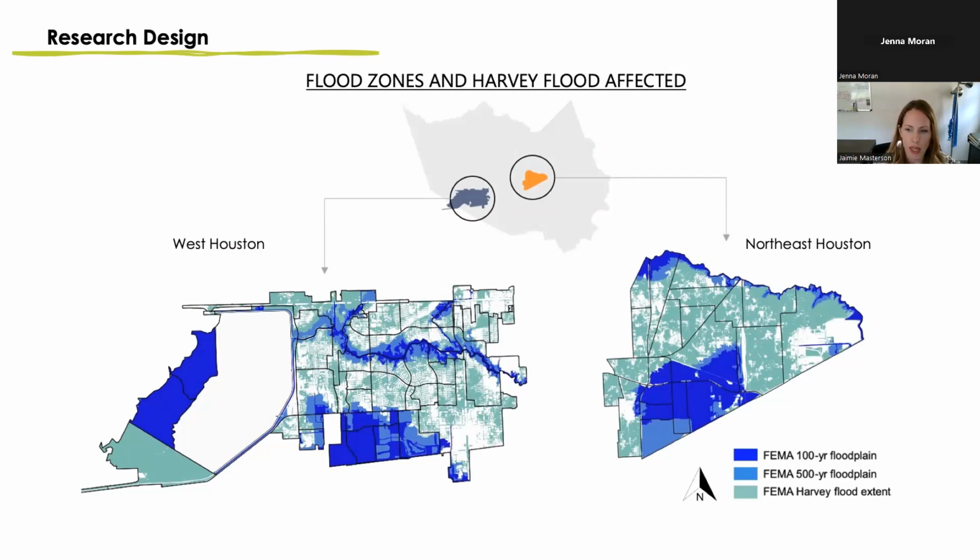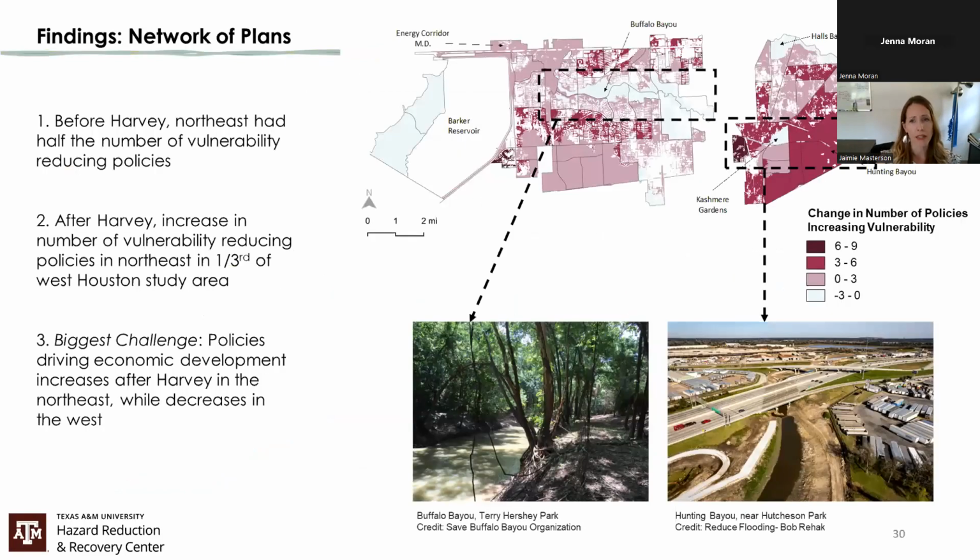The light blue is the Hurricane Harvey flood extent. So that is how much of those neighborhoods actually flooded in Hurricane Harvey. So pretty significant, far beyond the special flood hazard areas indicated by NFIP. And so very significant damages for those communities.